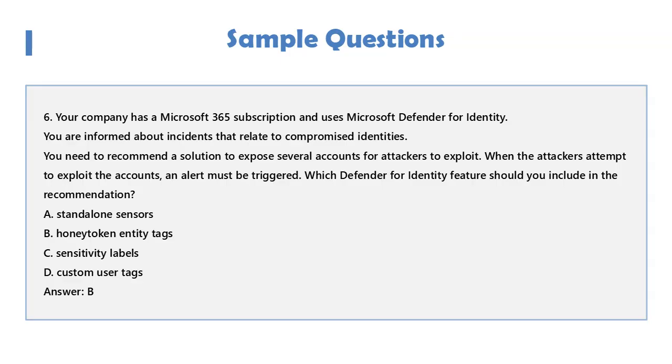Which Defender for Identity feature should you include in the recommendation? A. Standalone sensors. B. Honey token entity tags. C. Sensitivity labels. D. Custom user tags. Answer: B.